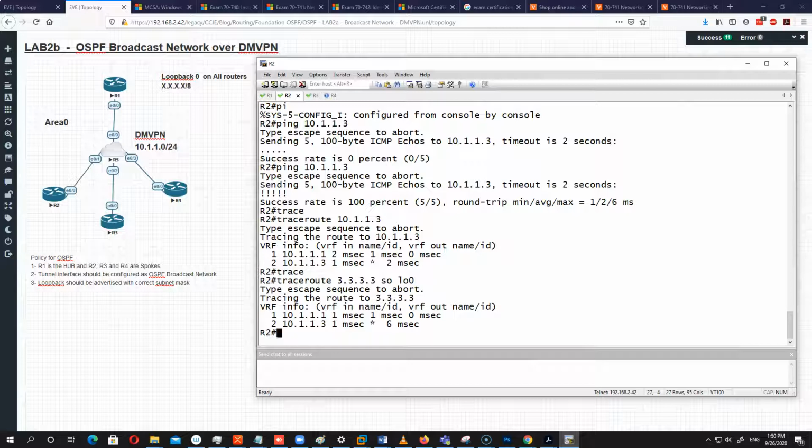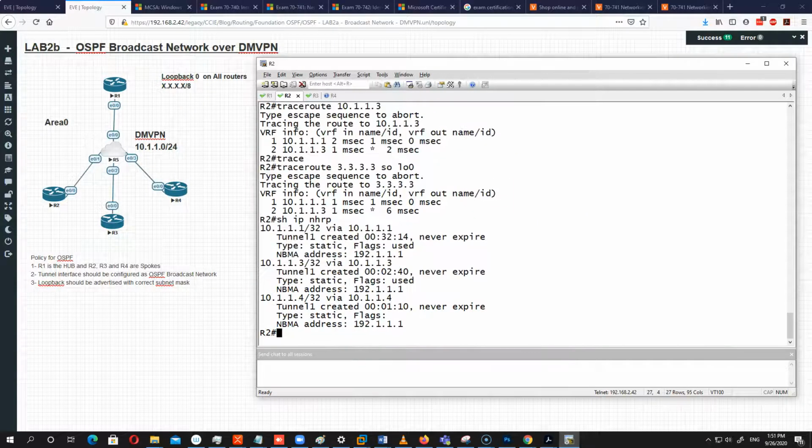So now we have a mapping, but everywhere we have a mapping of that kind. Now if I look at the NHRP, you see that for any network, my public address is this guy. So the public address is going towards the hub. This is what I set up in this scenario, right?